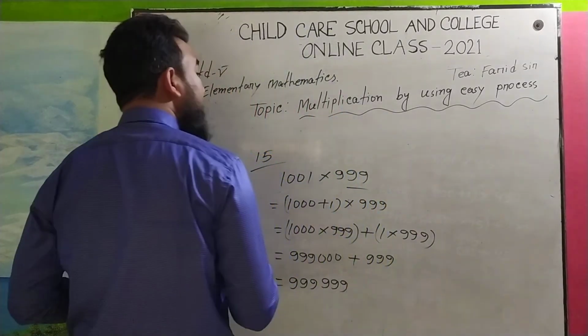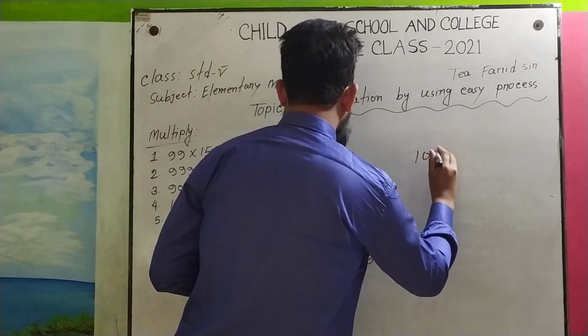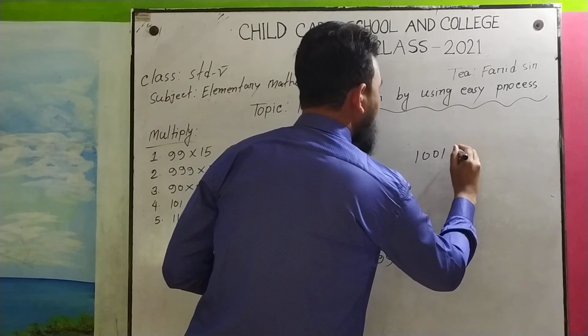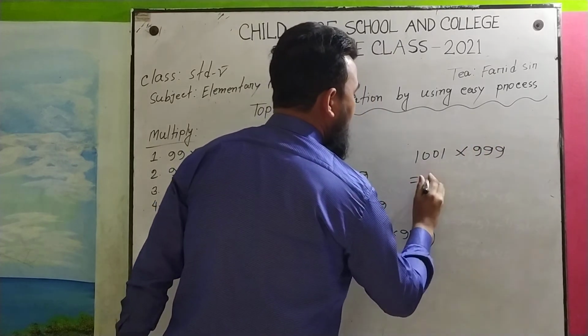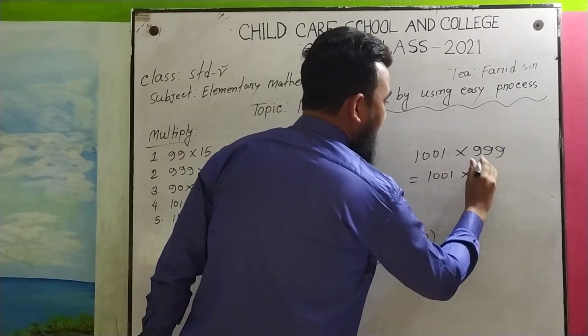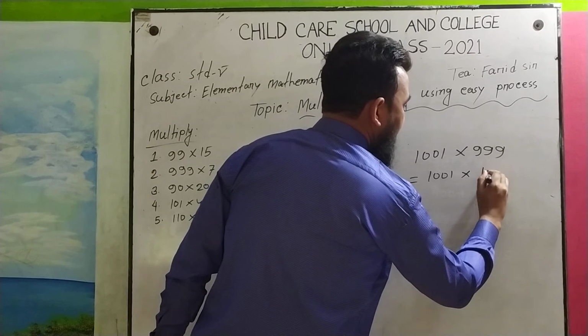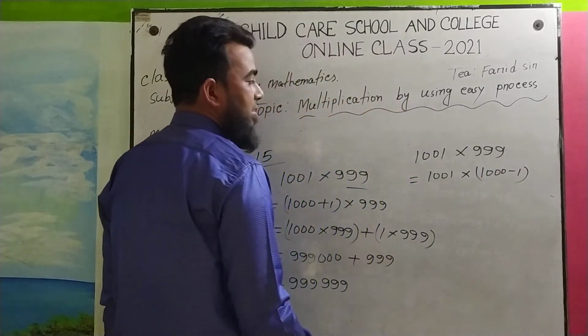Okay, suppose we do this another way, now we break this, and what will be? If we write this the same way, as 1000 minus 1, we can write it this way.